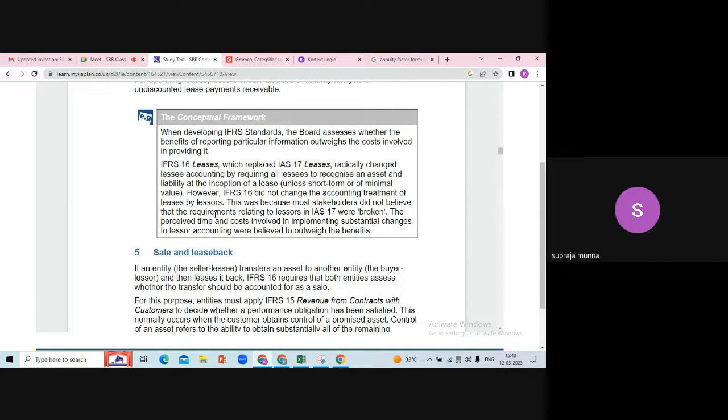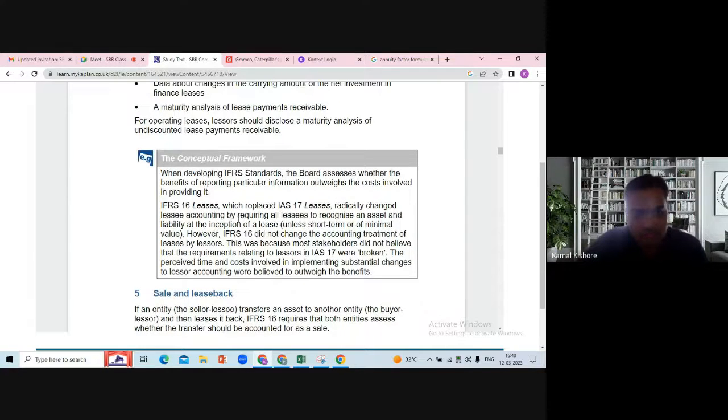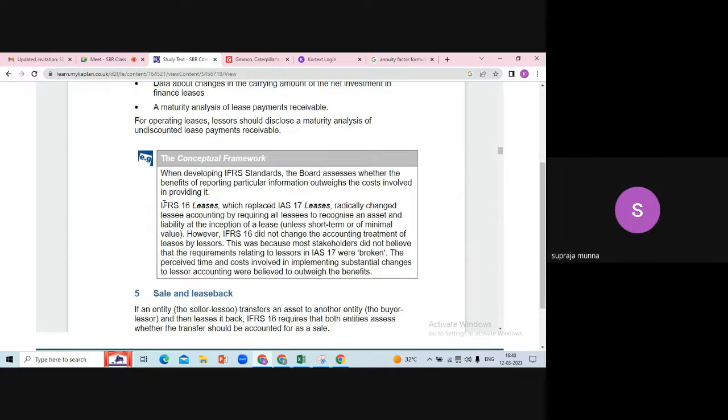If the particular entity transfers the asset and then leases it back, I'm talking about this one.